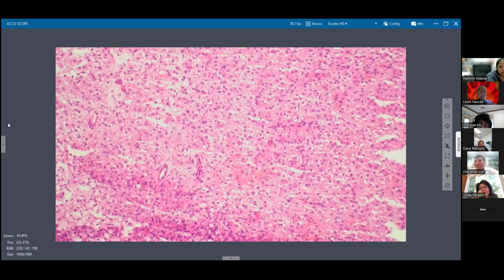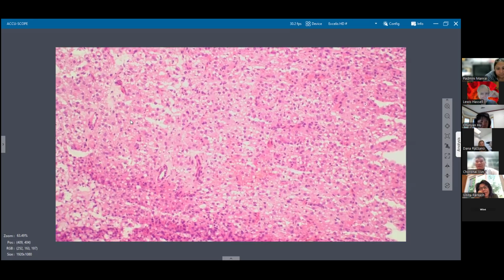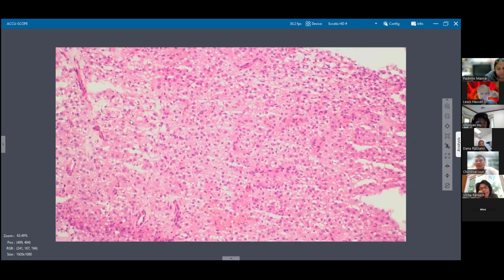Because the cells are homogeneous, no proliferation or atypia, no mitosis. Okay. I think benign.